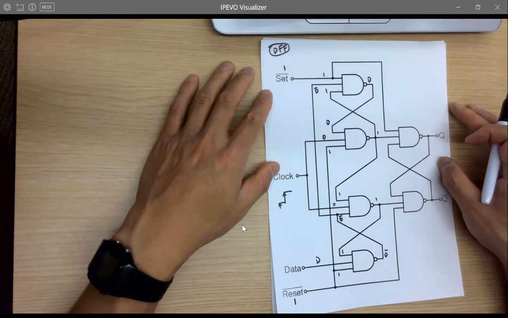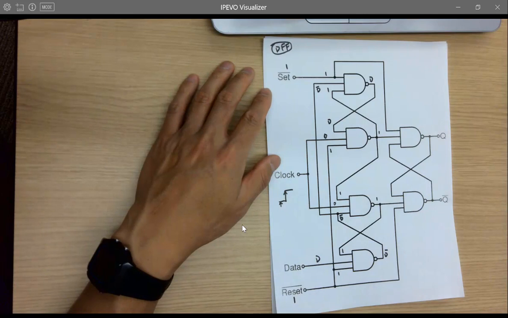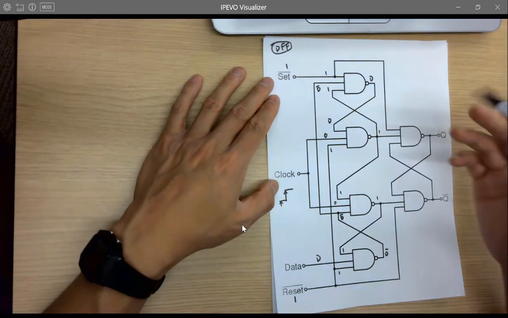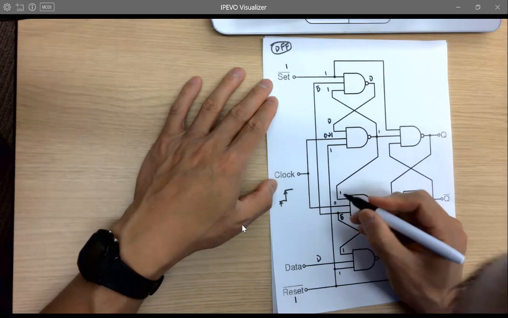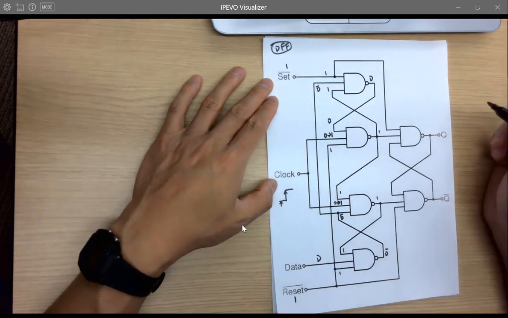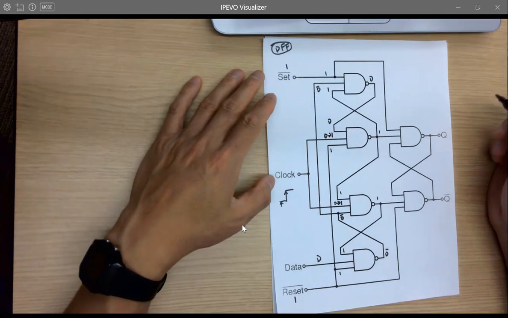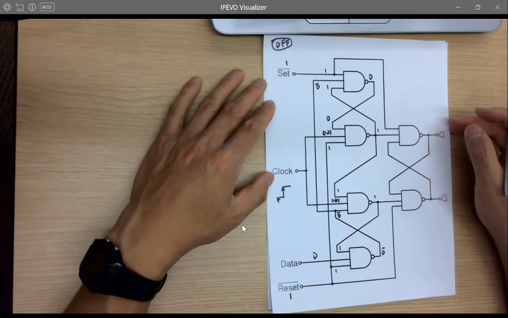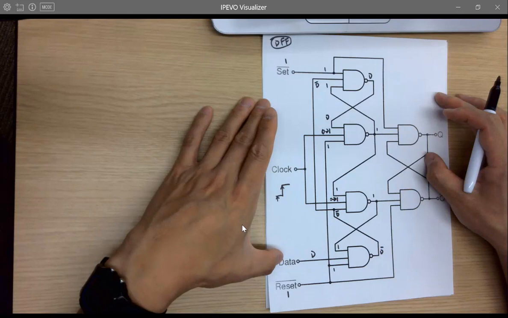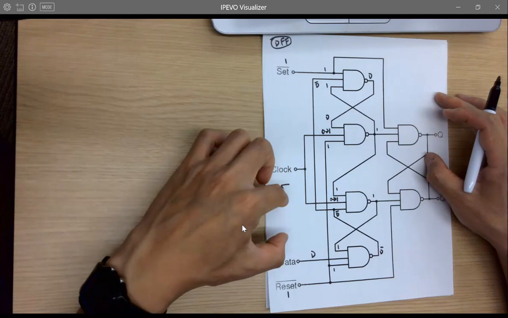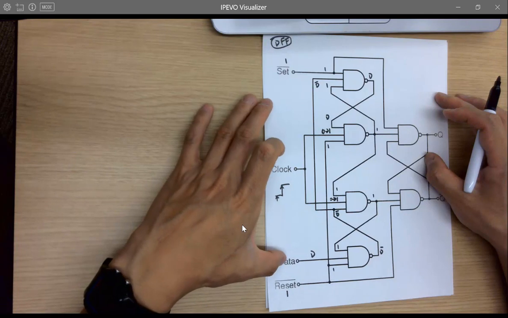What's going to happen at the rising edge? So rising edge, clock becomes 1. Let's see if anything is being changed right now. Are we considering D is also changing at the moment? Should we? When we are looking at the rising edge, should we consider the change of D or not?